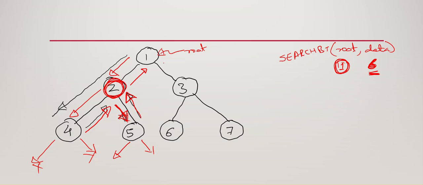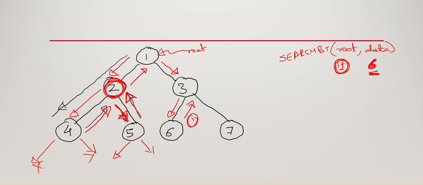Now we will go for the right child of 1, and compare whether 3 is the correct node. No, it is not the data we are looking for. Then it will go for the left child of 3, that is 6.